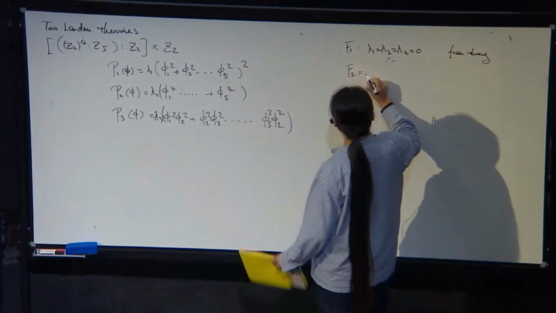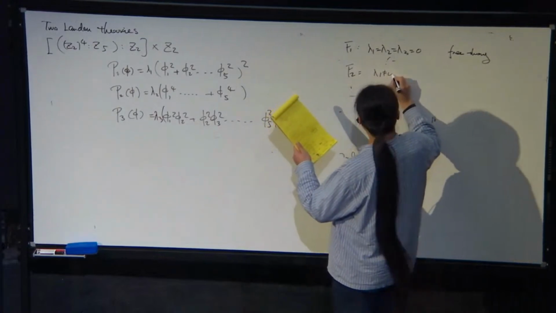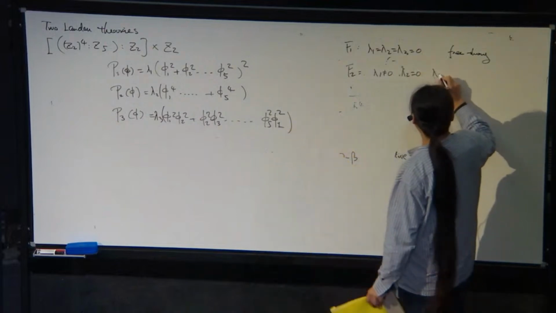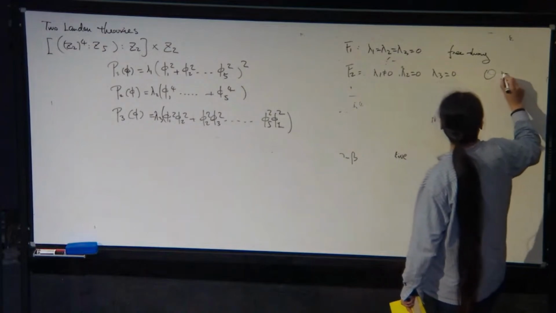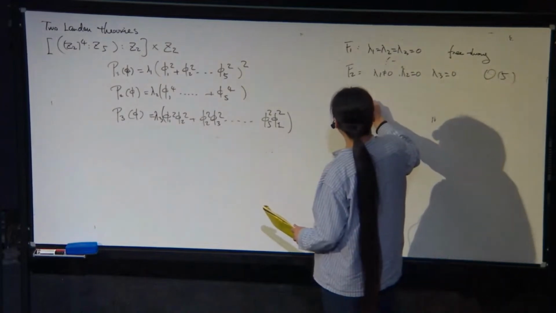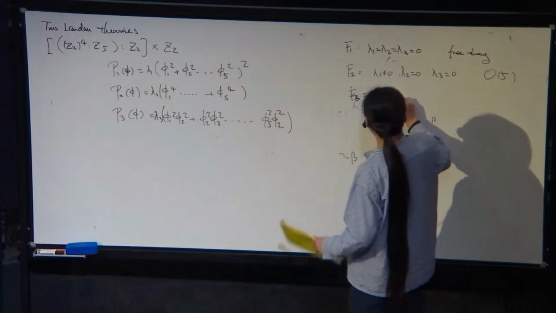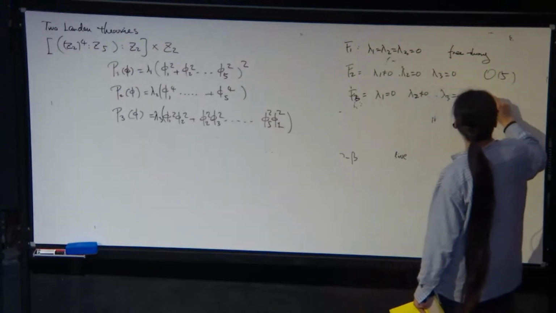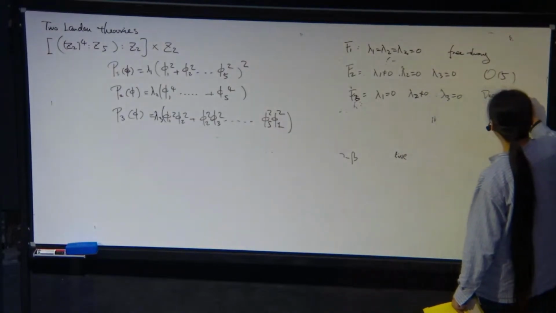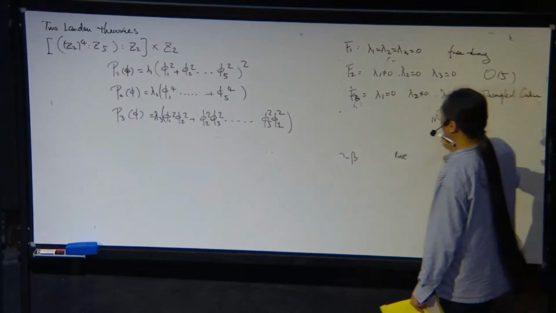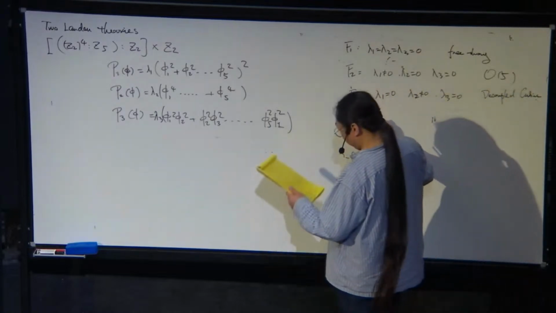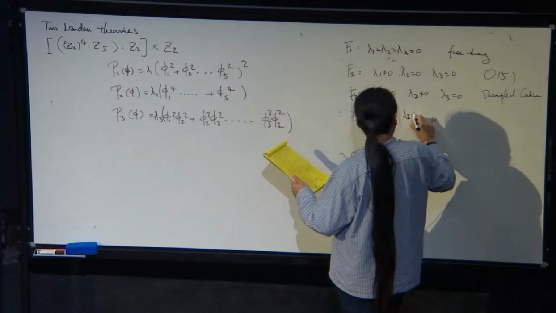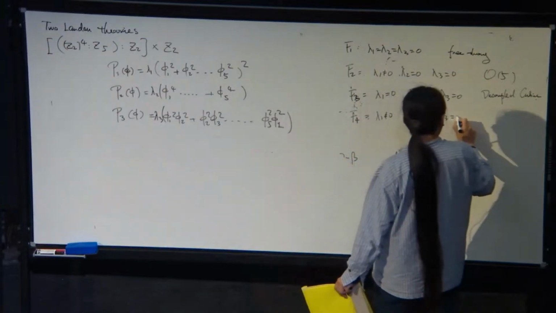You get F2, which is lambda 1 not equal to 0, lambda 2 equal to 0, lambda 3 equal to 0, which is the Heisenberg O(5) fixed point. You get F3, which is lambda 1 equal to 0, lambda 2 not equal to 0, lambda 3 equal to 0. This is decoupled cubic. F4, which is lambda 1 not equal to 0, lambda 2 also not equal to 0, lambda 3 equal to 0.